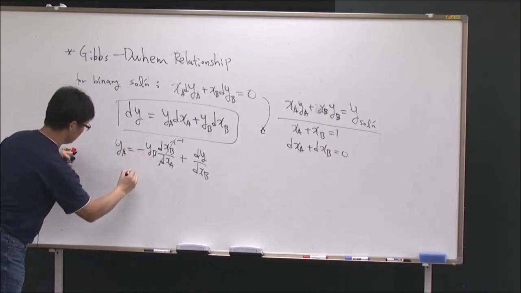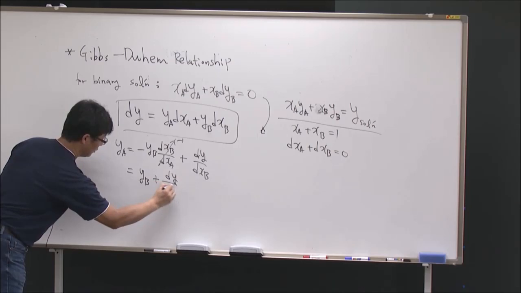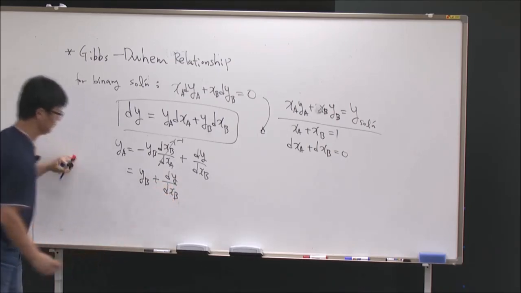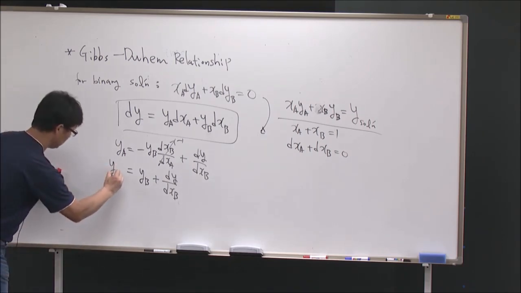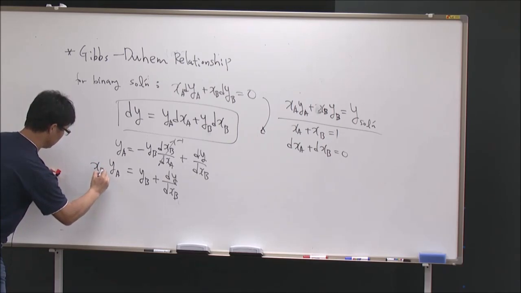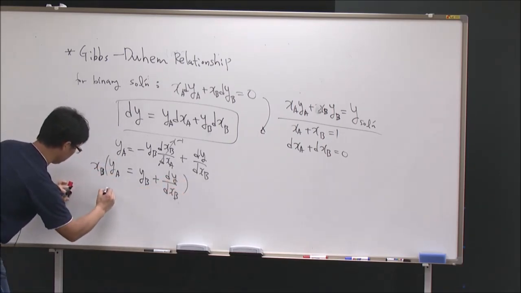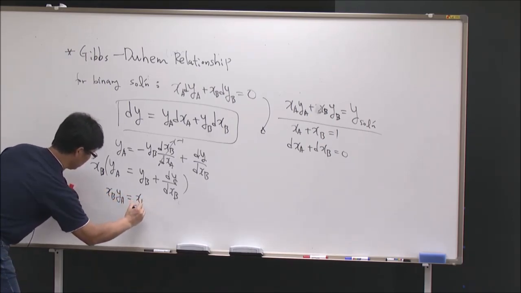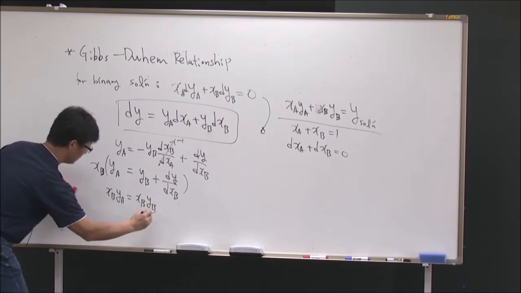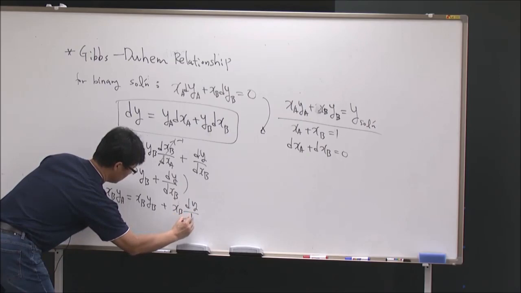So this will be yB plus dy over dxB. Is it okay? And then now I multiply xB on both sides. So this is yA, and then multiplying xB, then it will be xB yA equal to xB yB plus xB dy over dxB.